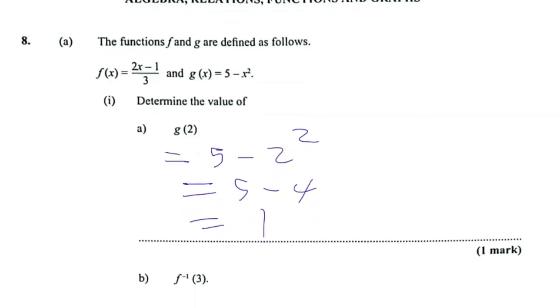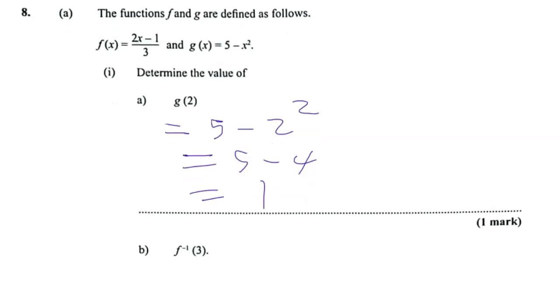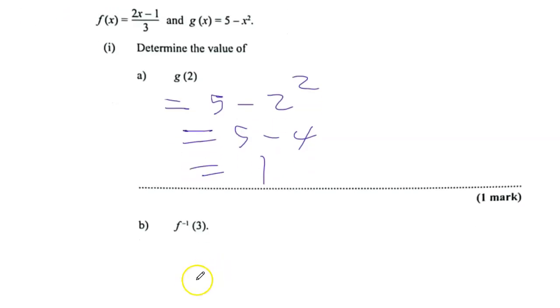Next, we're asked to find f inverse 3. To find f inverse 3, we first need to find f inverse x. So to find f inverse x, we'll let y be equal to 2x minus 1 over 3.